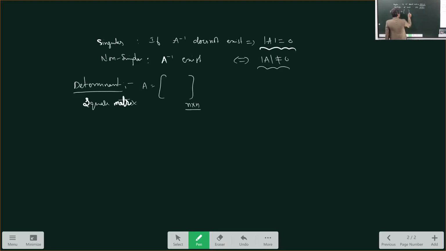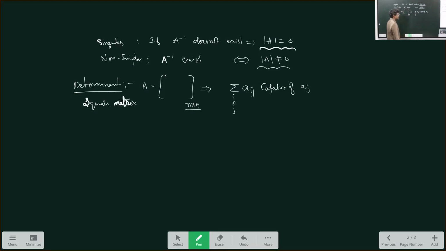So now I am saying that this is nothing but the sigma of Aij times the cofactor of Aij. This is how we are expanding the sigma over either i or j.